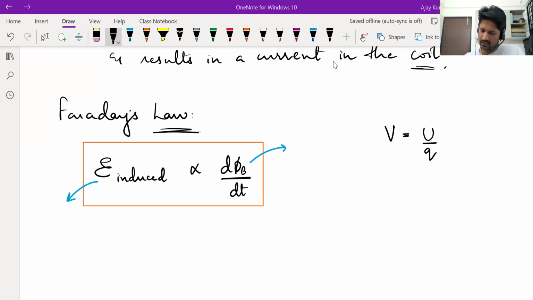I got one answer as negative of work done by electrostatic force per unit charge. Yes, work done by charge also you can write, or potential energy per unit charge. But the way you are saying it, work done or negative of work done, that is the definition for change in potential. I just asked what is potential.